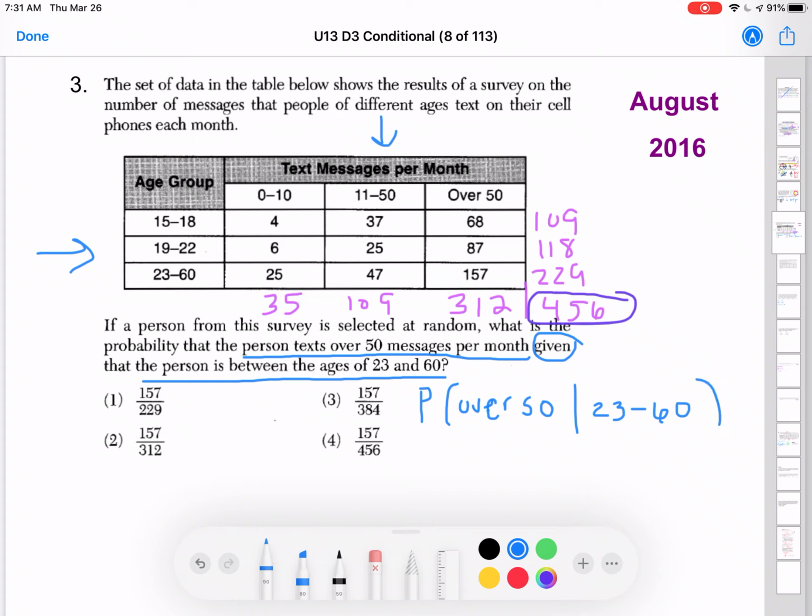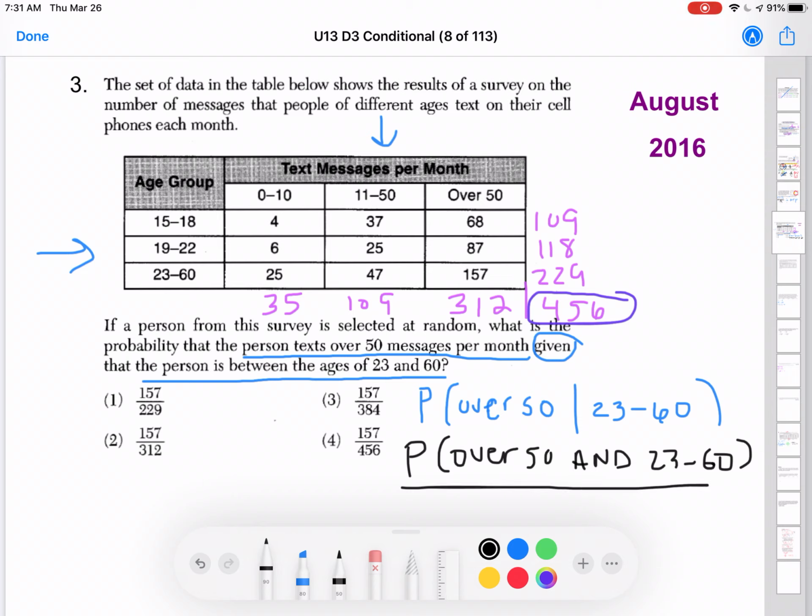I guess that's the best I'm going to do. And then I'm going to change the word given to and: over 50 and 23 to 60. And then remember, what are we dividing by? We're dividing by that second piece, probability of 23 to 60.